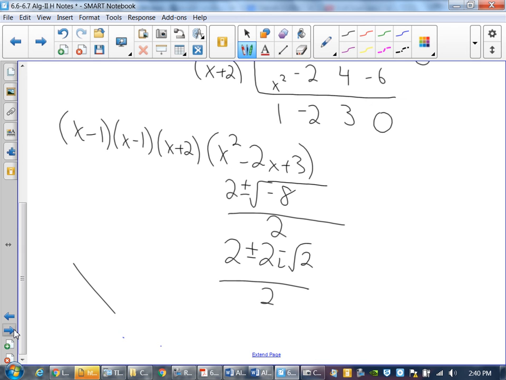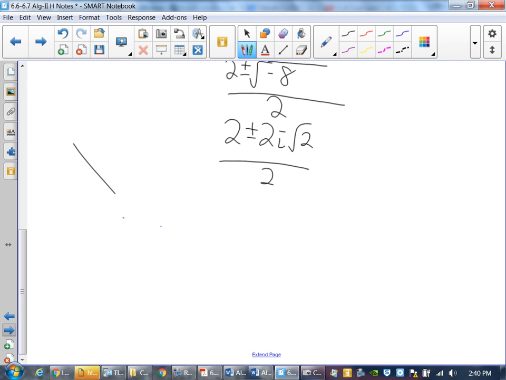Yeah. You can do it now because what this is is 2 over 2 plus or minus 2i root 2 over 2, because it's a common denominator. So then you can simplify that to 1 plus or minus i root 2. When all 3 of them are divisible, that's the only time you can do that.